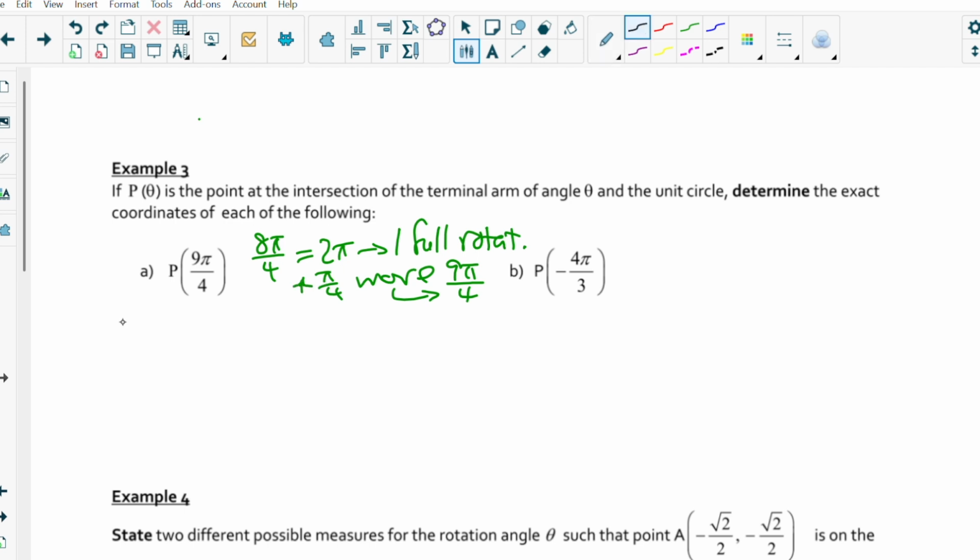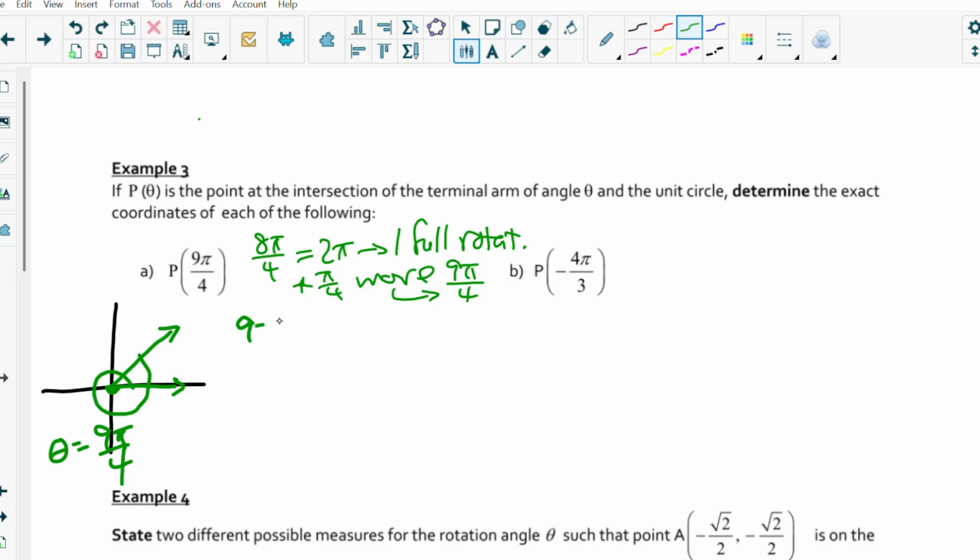Okay, I like to think of it that way, so when I sketch my angle out here, this is what it looks like. Okay, start at the origin. Here's my initial arm. It's a positive angle, so I'm going to go one full rotation plus pi over 4 more, which is halfway through our quadrantal angle. There's my terminal arm. This is theta equals 9 pi over 4.